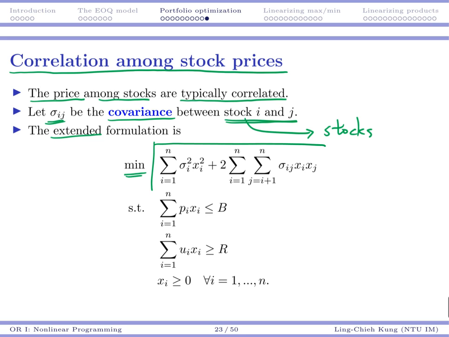And the total risk now not just depends on the first term. It also depends on the second term, which is a more thorough formulation regarding variance. When you buy several products, and each of them has some random outcome, and the random outcomes are correlated, then the formulation would become this one.